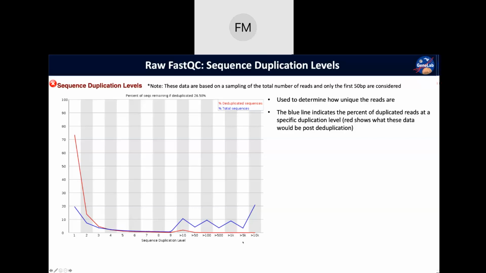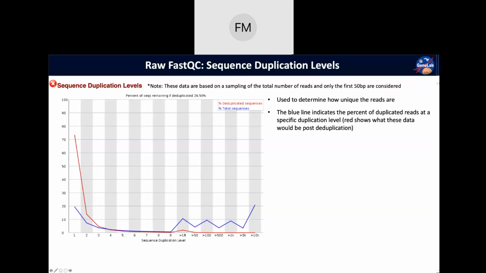Because in RNA sequencing we do have that PCR amplification step, it isn't uncommon to see some level of duplication, right? But usually if it's a region that you're interested in, like mRNAs that you're really interested in, you'll see a duplication level around here, in that 1 to 10 range.